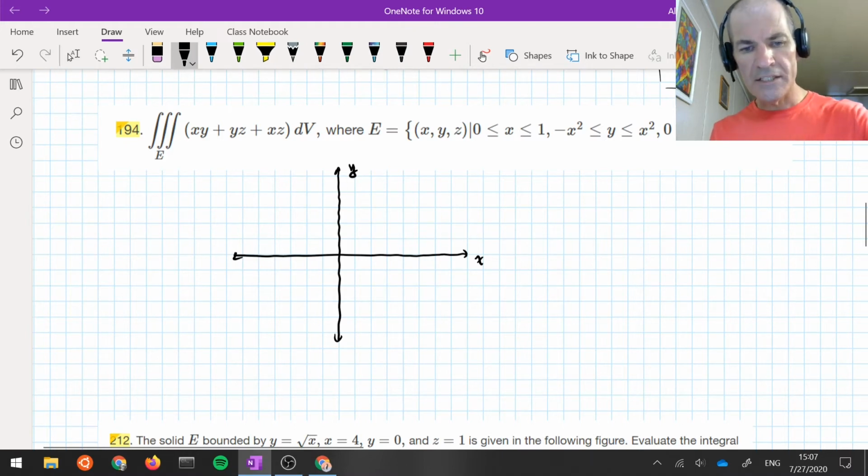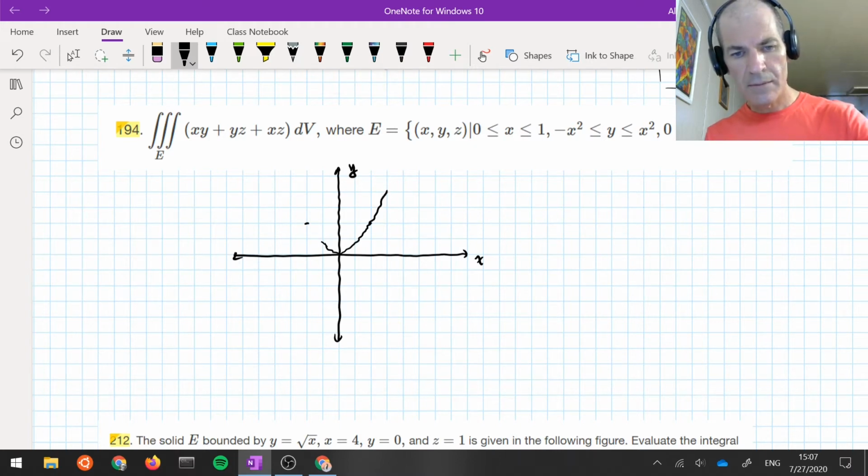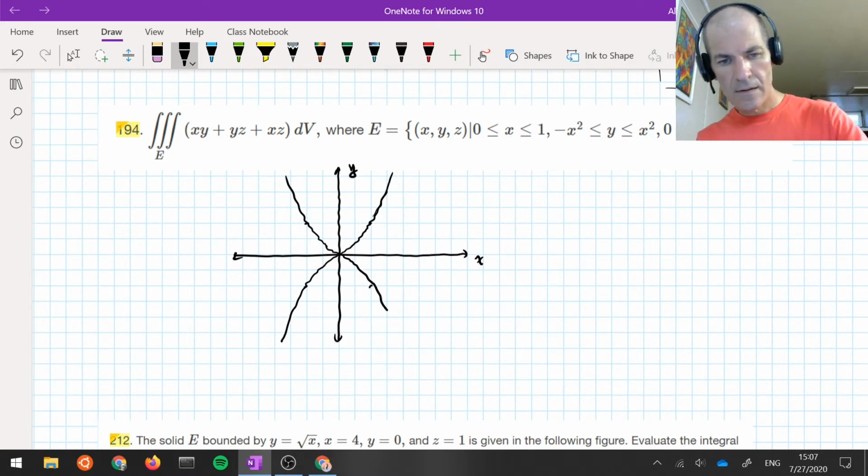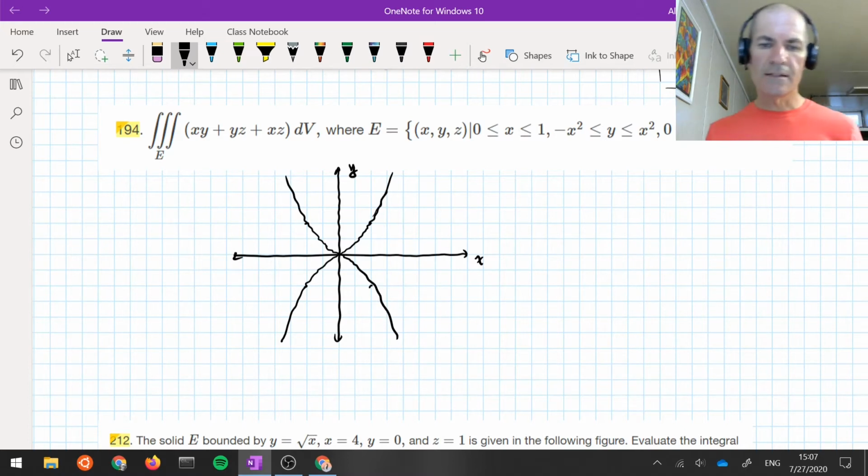And I'm going to blow up my scale a little bit so that my parabola kind of goes through here and here. This is the upper parabola. And the lower parabola is going to kind of go through here and here. Again, it's always a good idea to sketch these things.